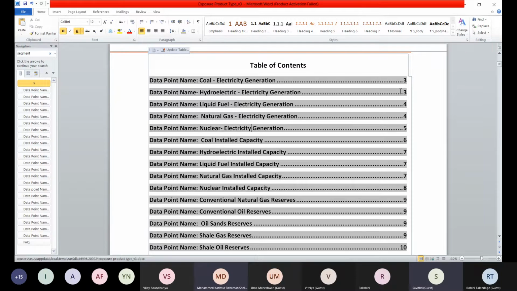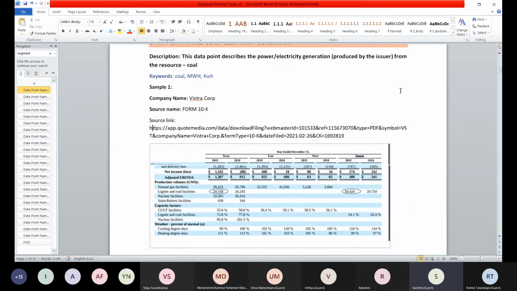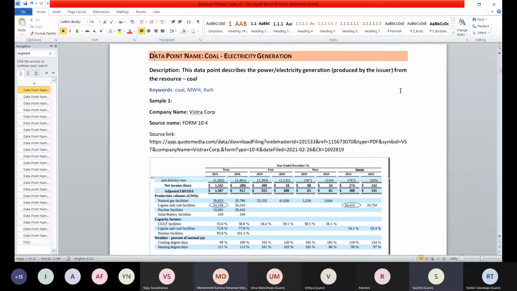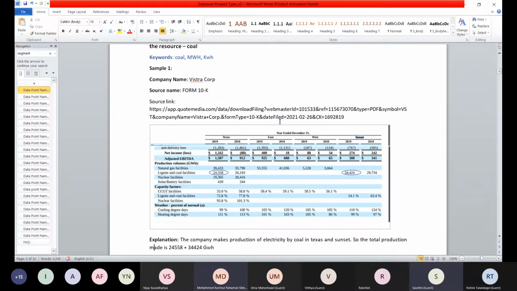Rohini, go to the first data point, coal electricity generation. The description says this data point describes the electricity generation produced by the issuer, the company you are processing, from the source coal. If you see the snap below, this company is Vistra Corp, a US company.